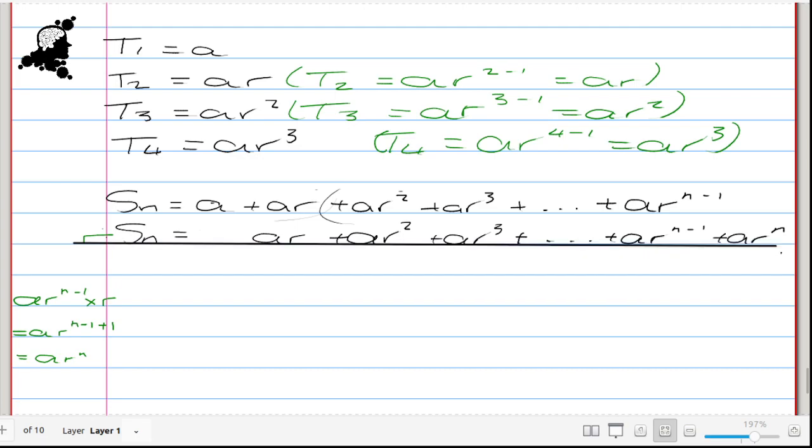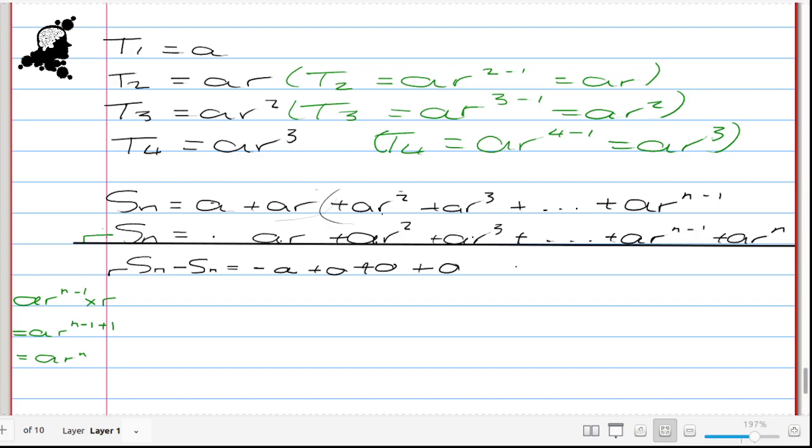So what do I get if I say rSn minus Sn? 0 minus a gives me minus a. ar minus ar is 0. ar squared minus ar squared is 0. ar cubed minus ar cubed is 0.